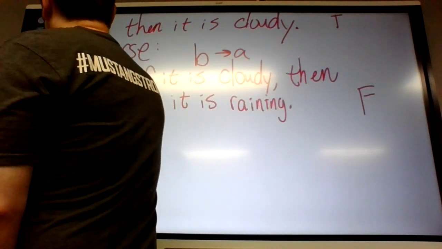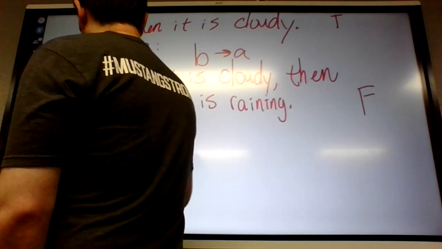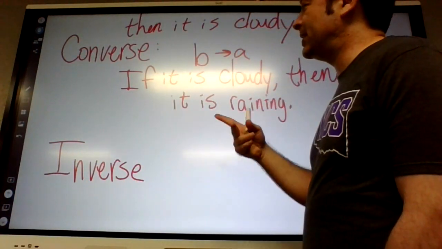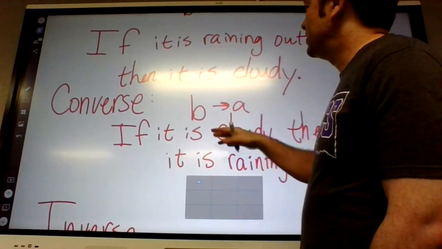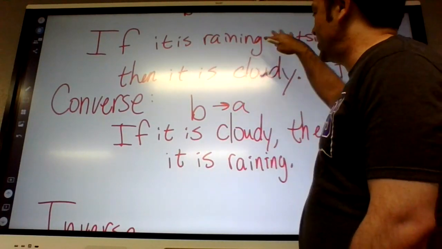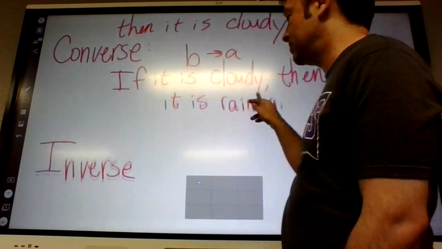And then something called the inverse. That's when you negate both parts of the statement. So instead of if it's raining outside, then it's cloudy, it's if it's not raining outside, then it's not cloudy.